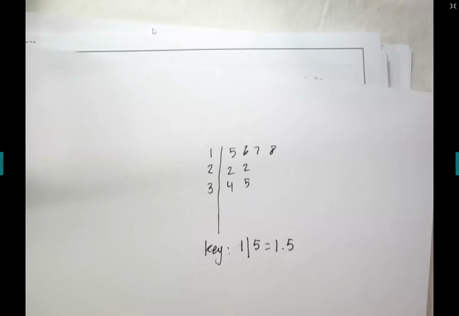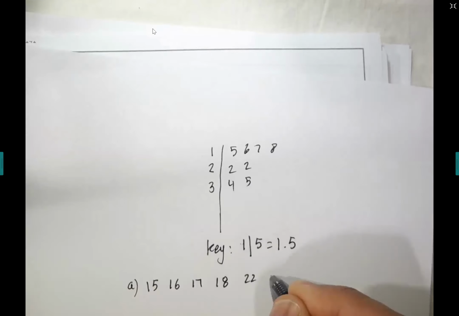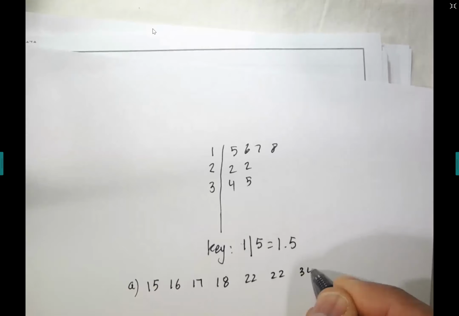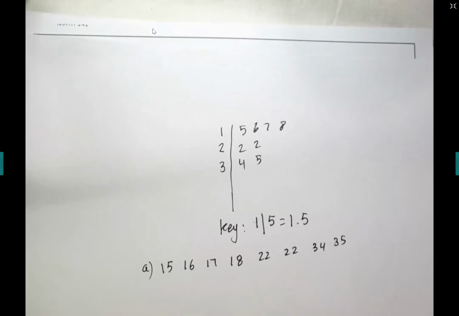I gave students something like that online, and then I asked, what is the actual data set? One of the answers was this, guys. And most of the students picked this answer, and that was not correct.